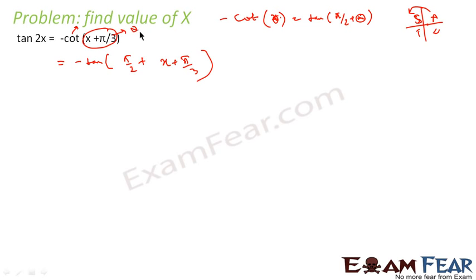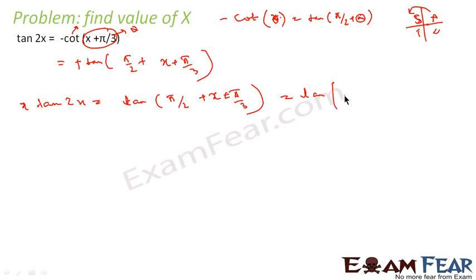So I get tan 2x is equal to tan of pi by 2 plus x plus pi by 3, which is tan of, taking 6 common and adding, 5 pi by 6 plus x.